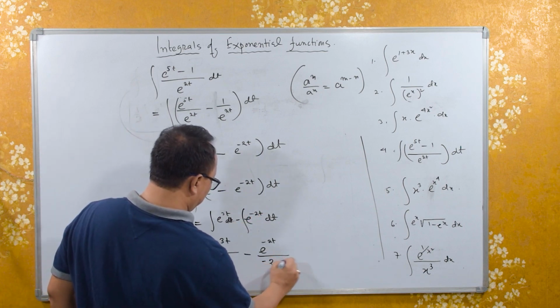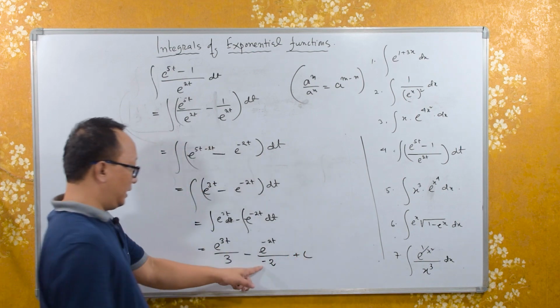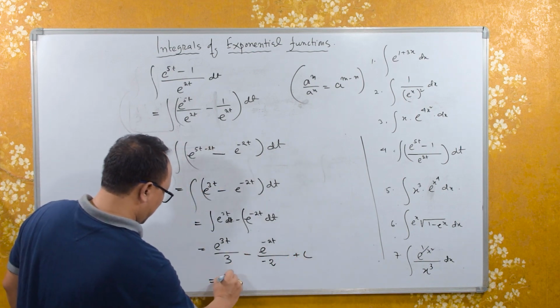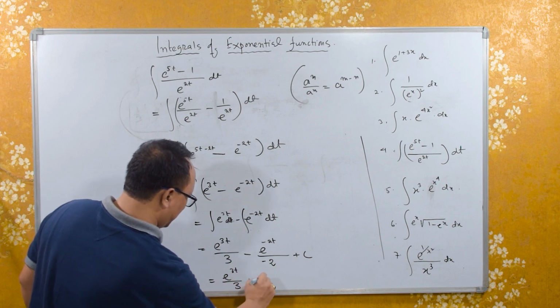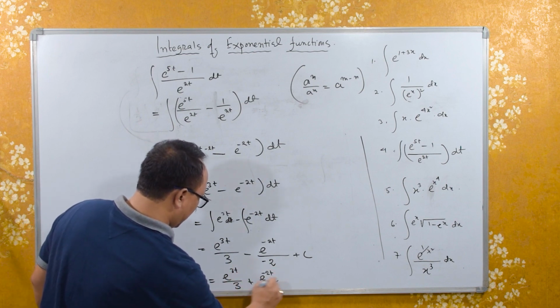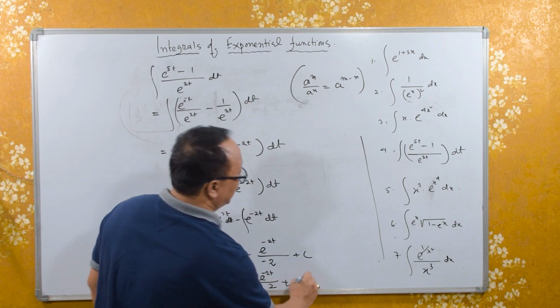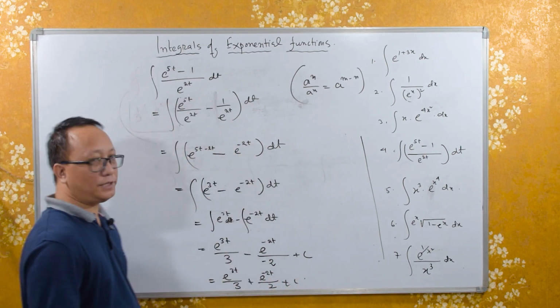So we get e raised to 3t upon 3 plus e raised to minus 2t upon 2 plus c. This is the correct answer.